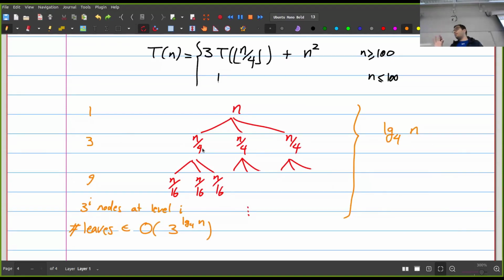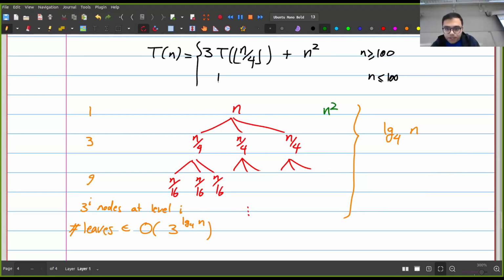So at every non-leaf node, if I have an instance of size n, I'm taking 3 instances of size n over 4, and then I'm spending n squared to merge them together, to somehow glue the solutions that I had for these 3 instances to get a solution for this one, right? That's the n squared that I'm using.